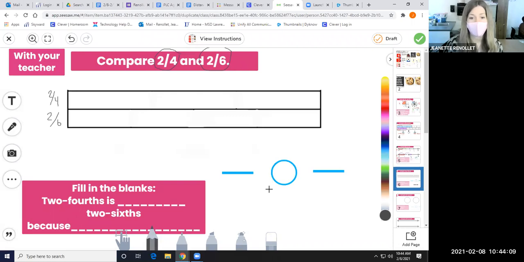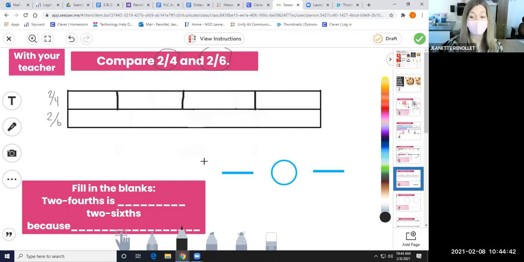Now I need to look at my denominators that will tell me how to partition. My first denominator is 4. I am going to partition my model into fourths. Just the top model is what I'm going to partition into fourths. I start by partitioning into 1/2. Then I partition into 4 equal parts.